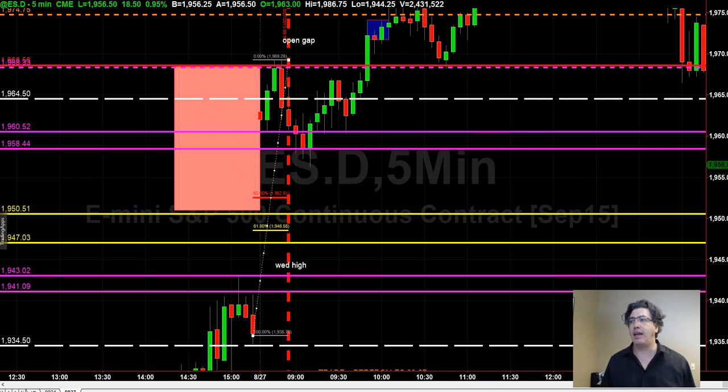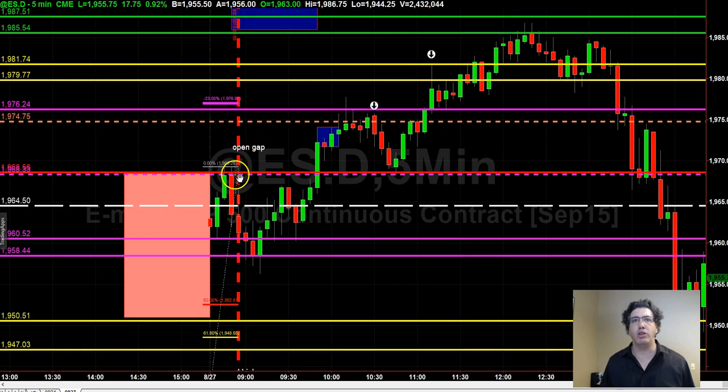Now, one of the areas we're focusing on right now is not so much the zones, even though, as someone pointed out to me, I believe it was Damien who's in the room, the zones have actually been working quite well. So the zone was at 1976 and a quarter, and then 1979 and 3/4 to 1981 and 3/4. And this red line here denotes where we had the swing short trigger.